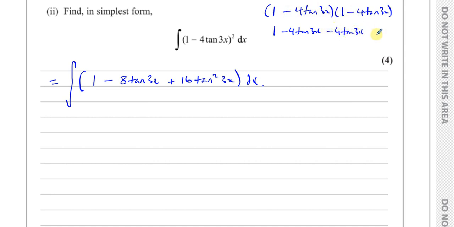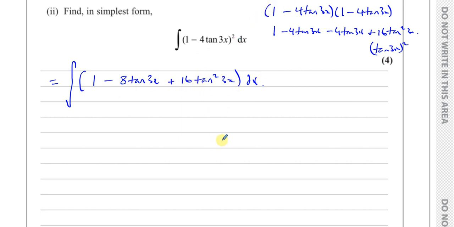And minus times minus is plus, 4 times 4 is 16, and tan 3x times tan 3x is tan 3x all squared, which is the same as saying tan squared of 3x. So there we have the expansion: 1 minus 8 tan 3x plus 16 tan squared 3x. That's where this expansion comes from, in case you're not used to this pattern.